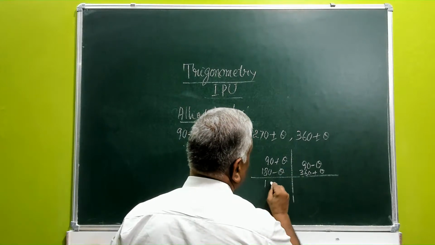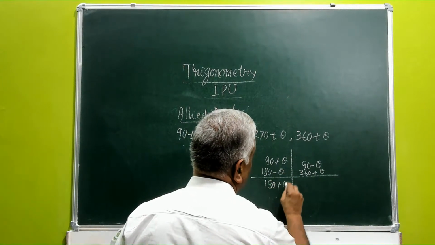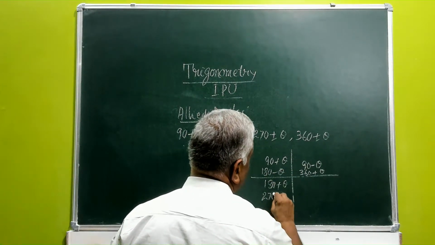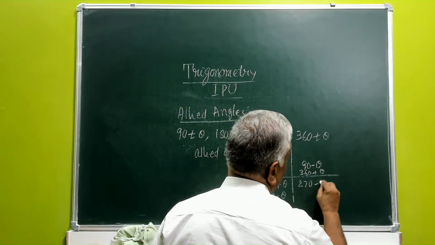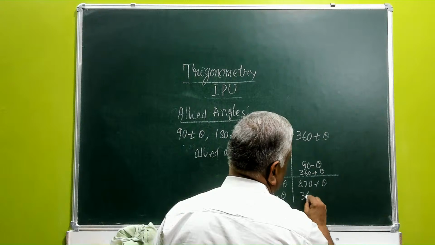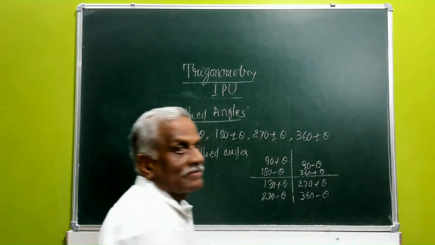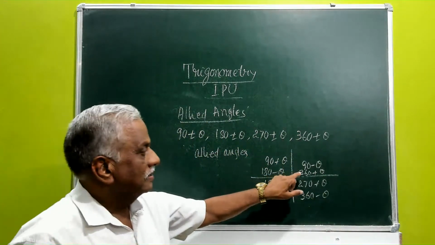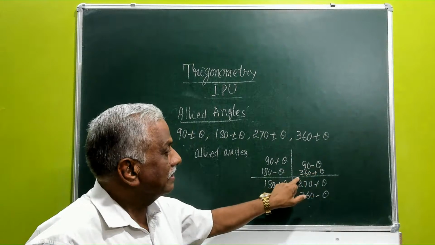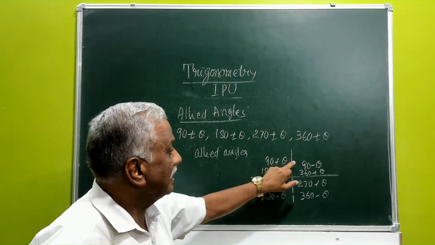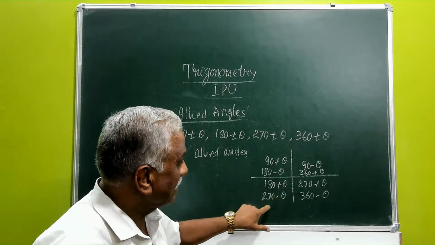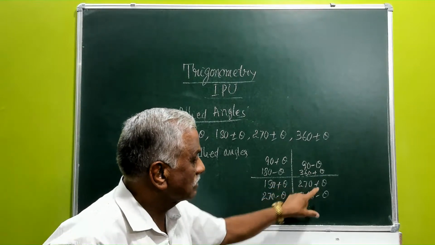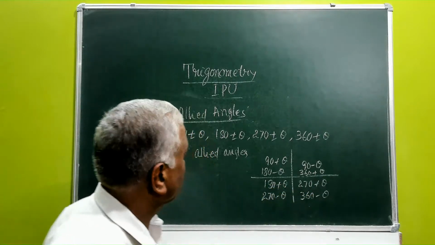This will have 180 plus theta and 270 minus theta. This will have 270 plus theta, 360 minus theta. I made the proper corrections. This is 90 minus theta and 360 plus theta. This is 90 plus theta and 180 minus theta. This is 180 plus theta and 270 minus theta. This is 270 plus theta and 360 minus theta.